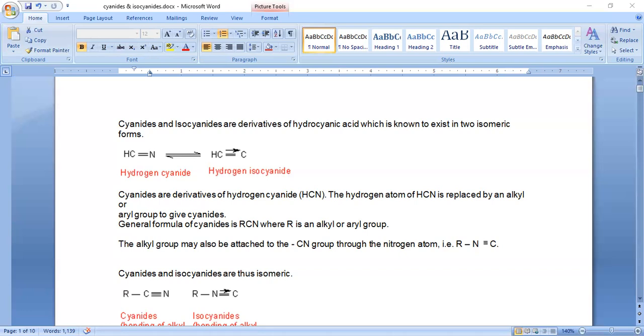But in cyanides, this carbon has the same electronic configuration, 1s2, 2s2, 2p2. This is the ground state electronic configuration. One s electron is excited into a p orbital, and thereby we have 2s1 and 2p3.